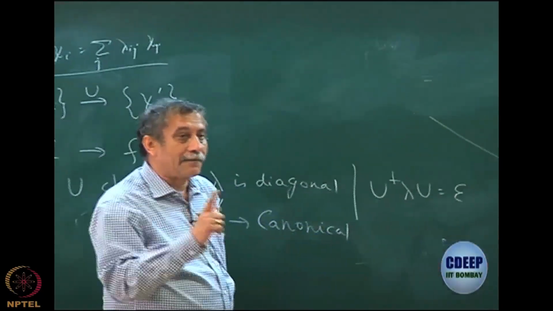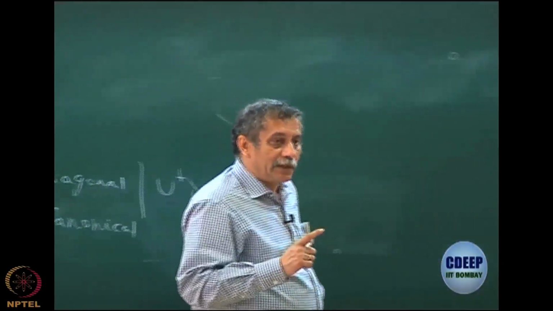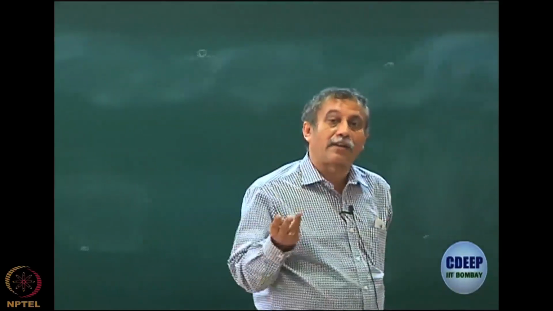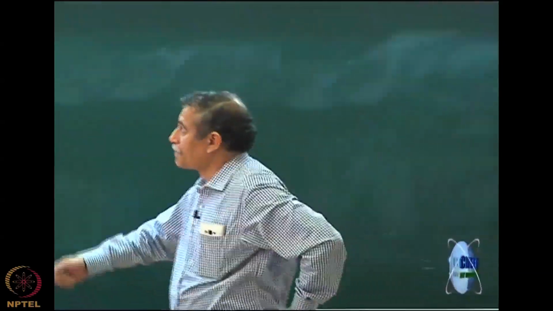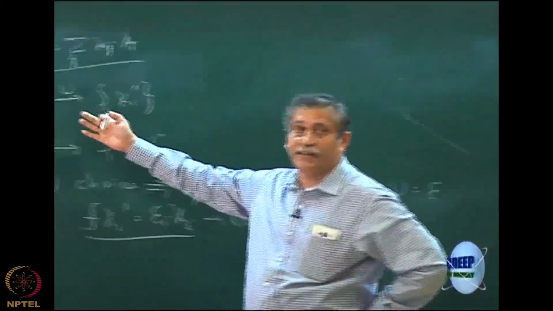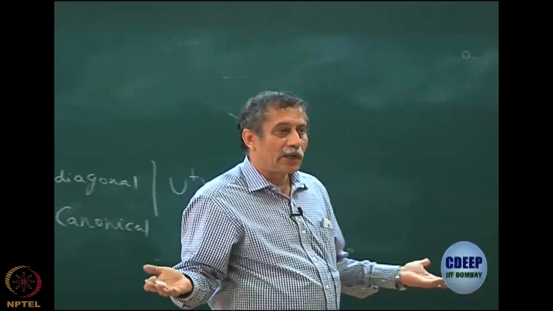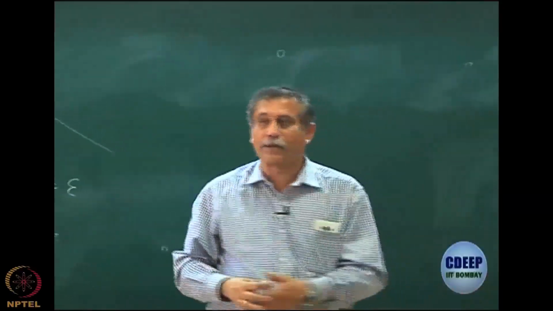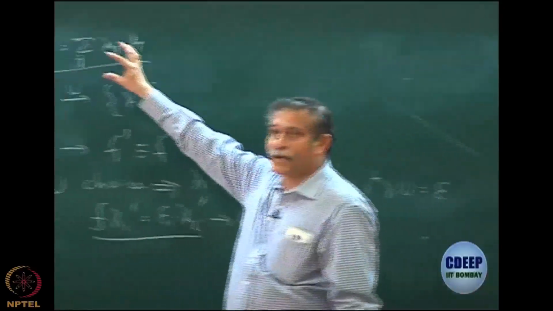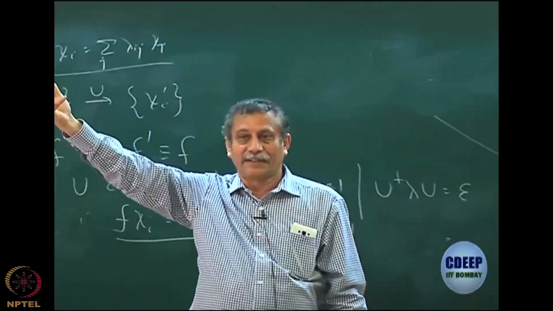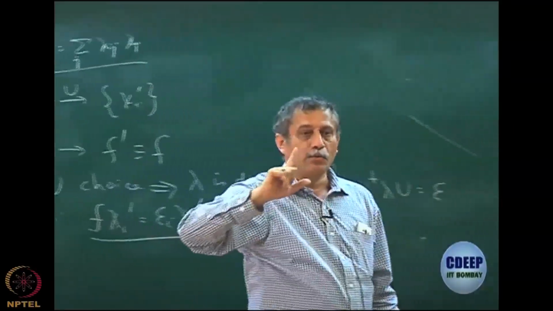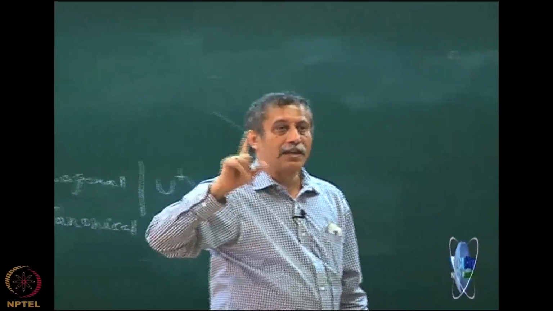So canonical Hartree-Fock is unique, whereas you can have several non-canonical Hartree-Fock, because I can start from this equation, make one more transformation such that it is not diagonal. That will also become a non-canonical Hartree-Fock equation. Lambda will become some lambda prime, but non-diagonal, it does not matter. But only one u can uniquely diagonalize lambda.